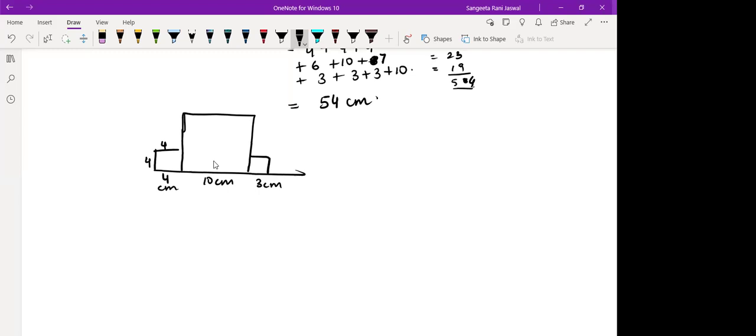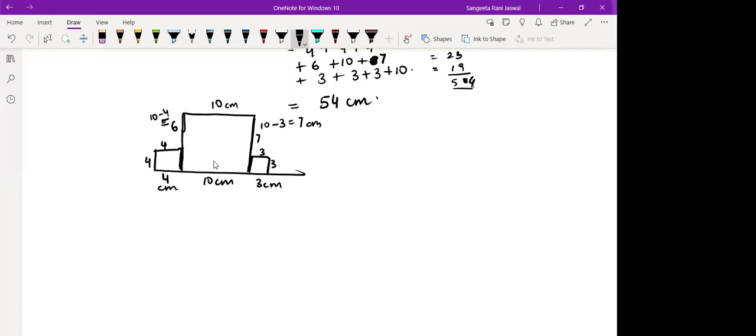Out of which, if you subtract 4 centimeters, this part, 6 is left. 10 minus 4, you get 6. This is again 10 centimeters. Now this side is again 10 centimeters. If you subtract 3 centimeters from here, this will be 7 centimeters. And this is again a 3 centimeter square.